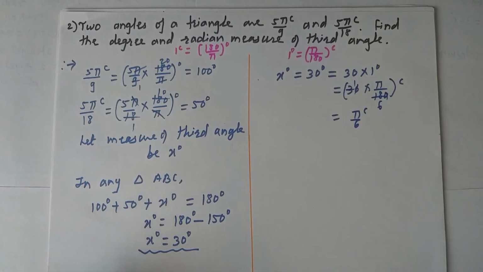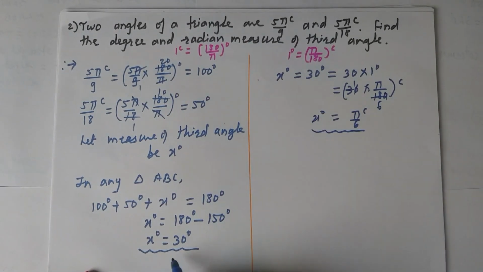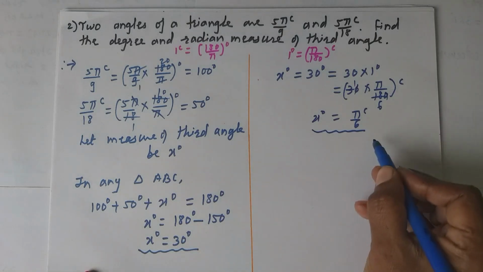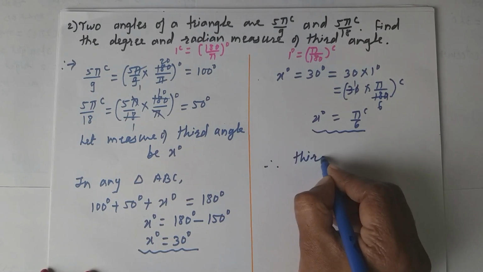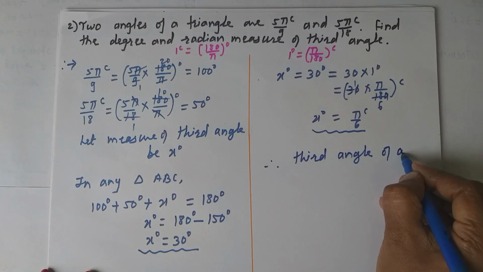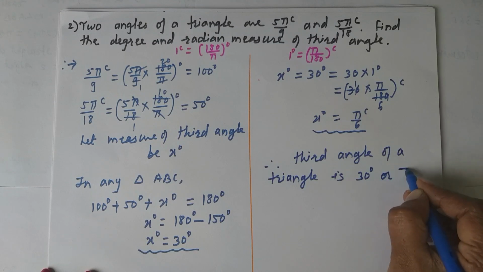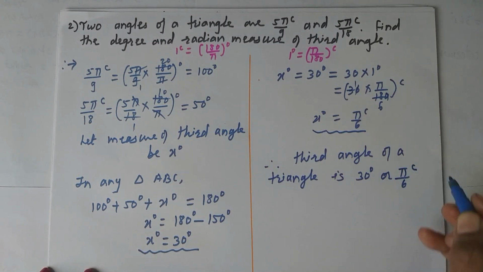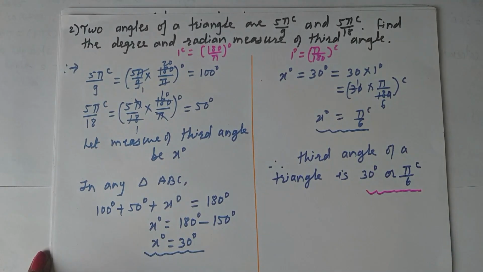In this way, I have got the third angle in degree and radians. See here, in degree it is 30 degree and in radians it is pi by 6. Therefore, you write down the third angle of a triangle is 30 degree or pi by 6 radians. You have found it in degree as well as in radians.